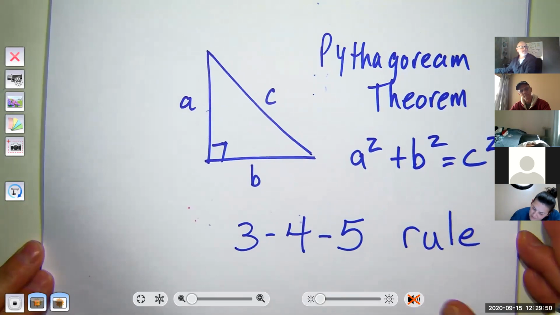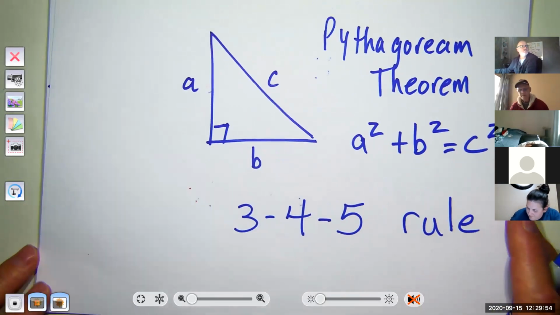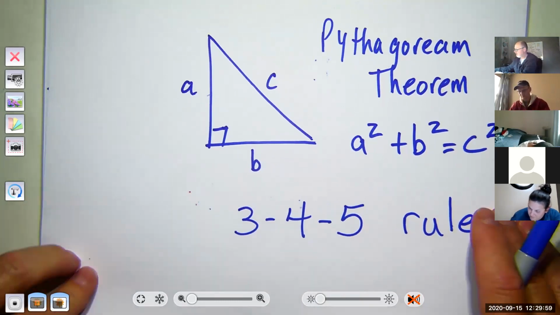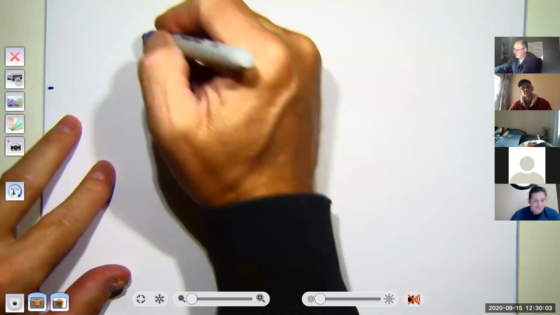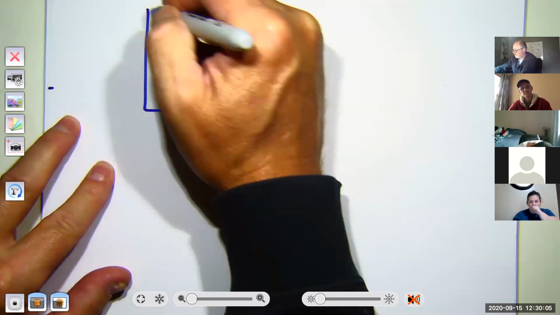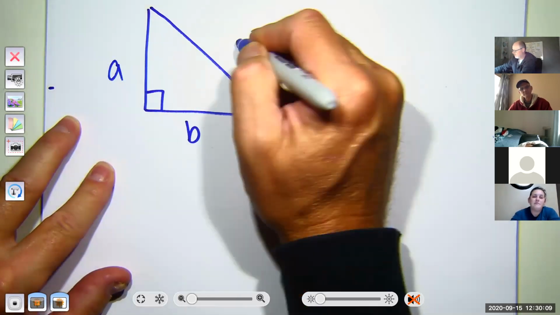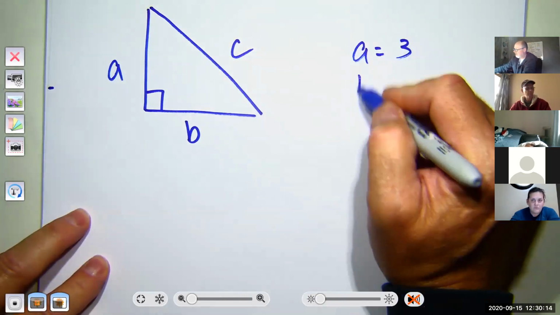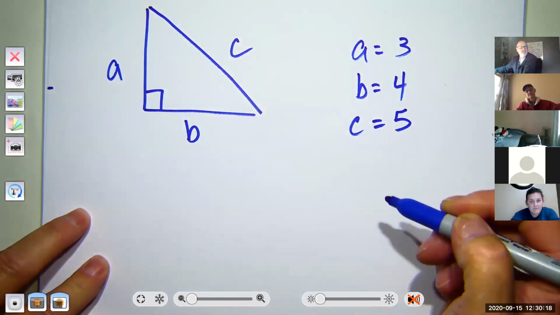Well, let's put the 3-4-5 rule to the test. Okay, so let me rewrite a page here. I'm going to draw a triangle. So if A equals 3 and B equals 4, then C must equal 5, yes?